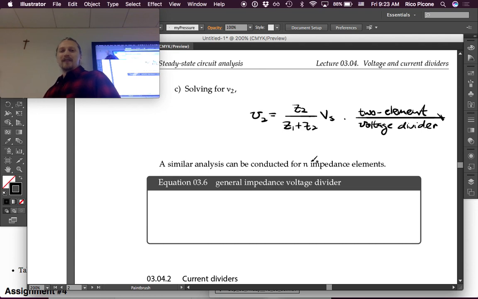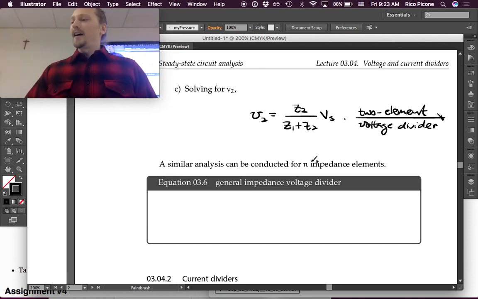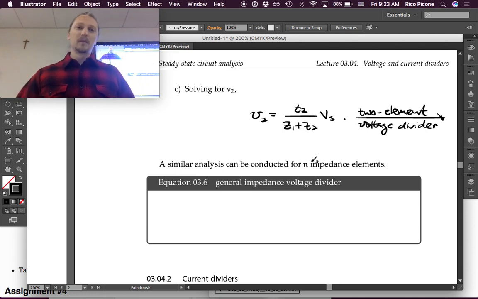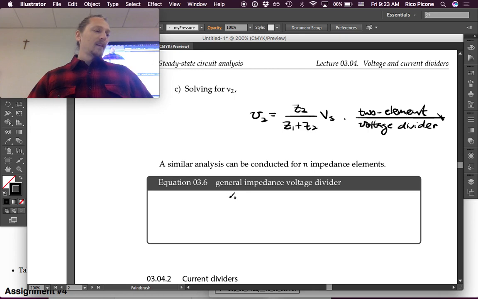But so this is the same equation that we're used to, but with impedances in it. So let's look at the N impedance voltage divider.